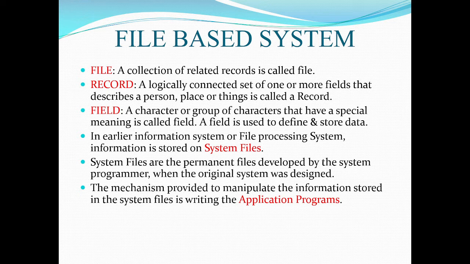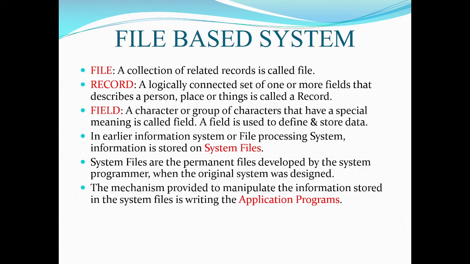And every database management system should specify mechanisms of how to access the data from that defined structure where we kept the data. So in a file-based system, or file processing system, the mechanism provided to manipulate the data or information that we have stored in the system files is writing application programs.